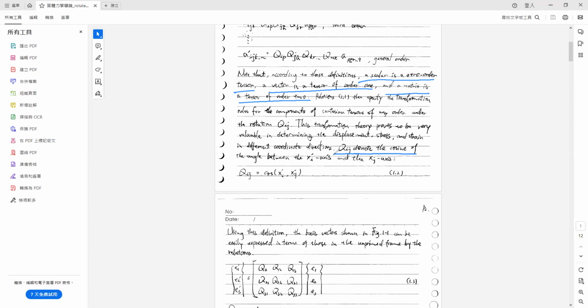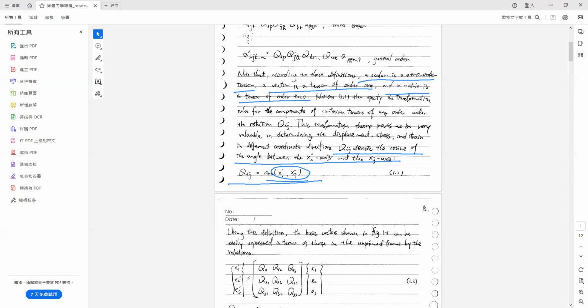It denotes the cosine of the angle between the x_i' axis and the x_j axis, just like equation 1.2. Q_ij equals the cosine of x_i' x_j, meaning the cosine of the angle between the axis x_i' and x_j.